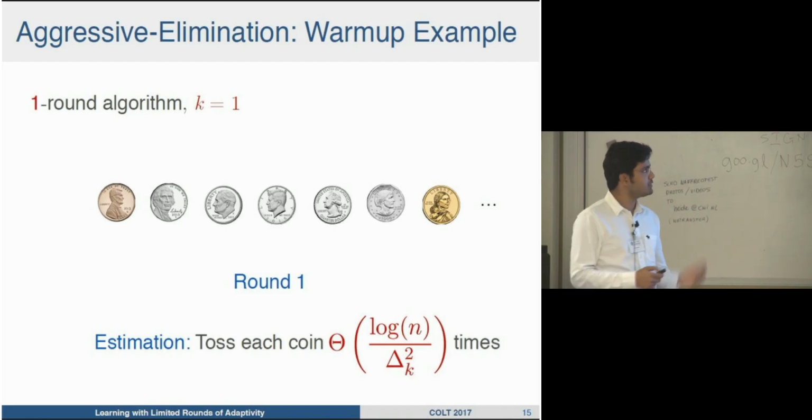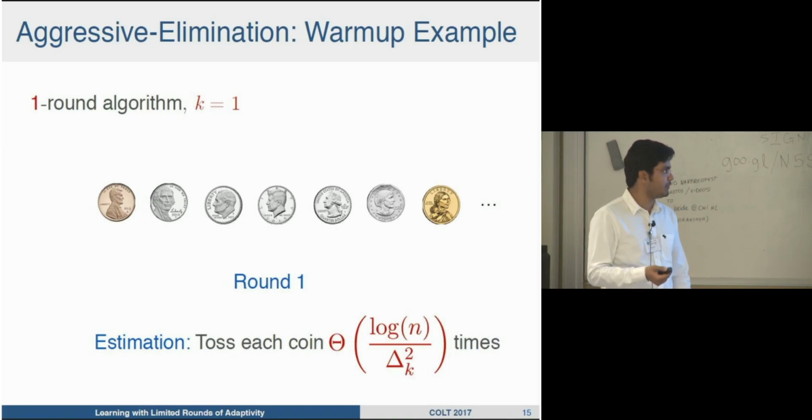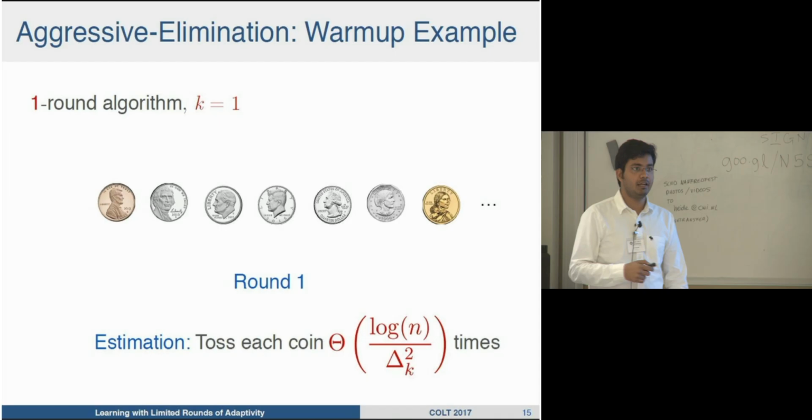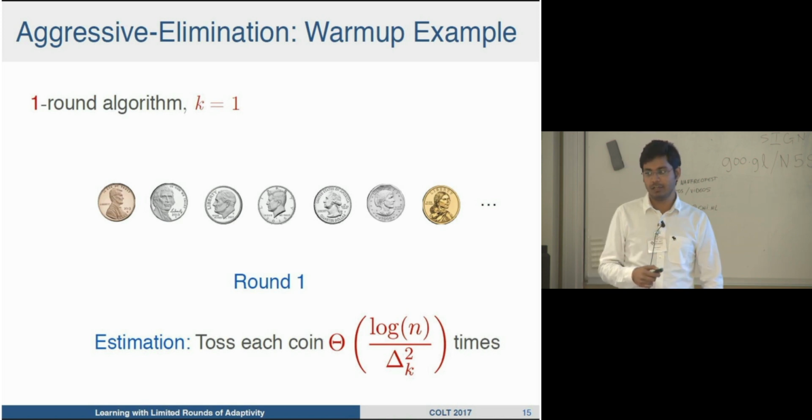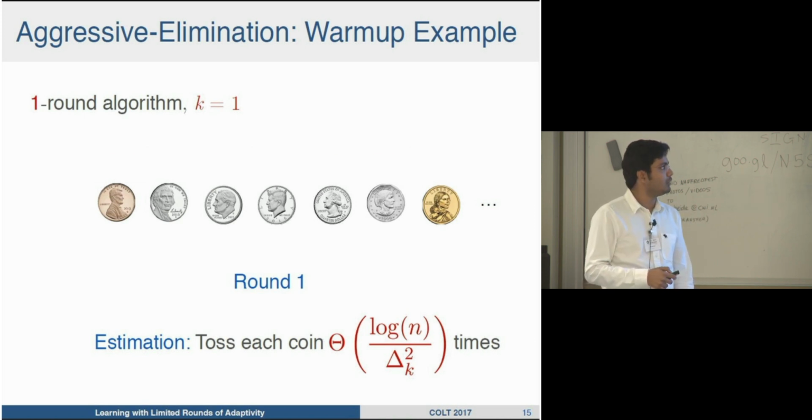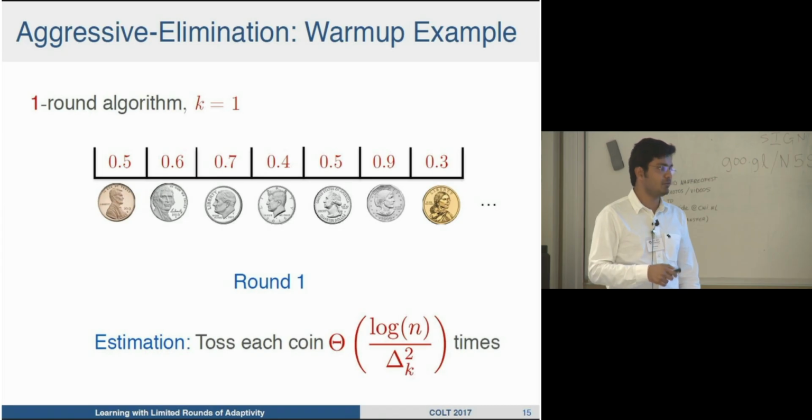The first example is a very simple example of a non-adaptive version of our algorithm. Suppose we are allowed only 1 round and k is 1, and we have this bunch of coins. In the first round, we toss each coin log n over delta k squared times. Let's say these are the empirical biases that we observe.